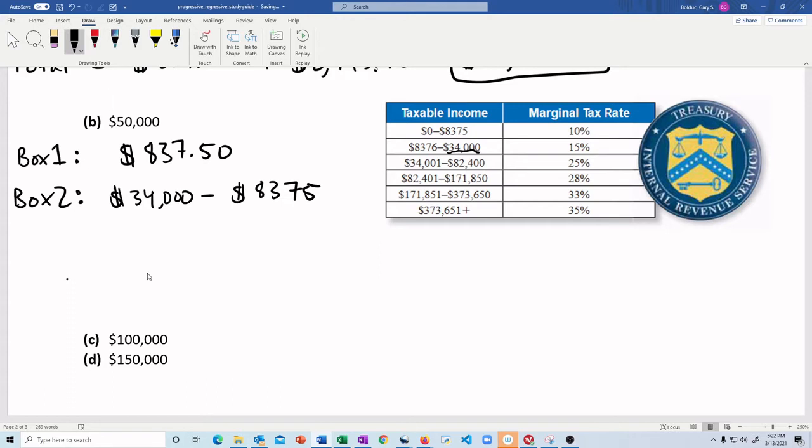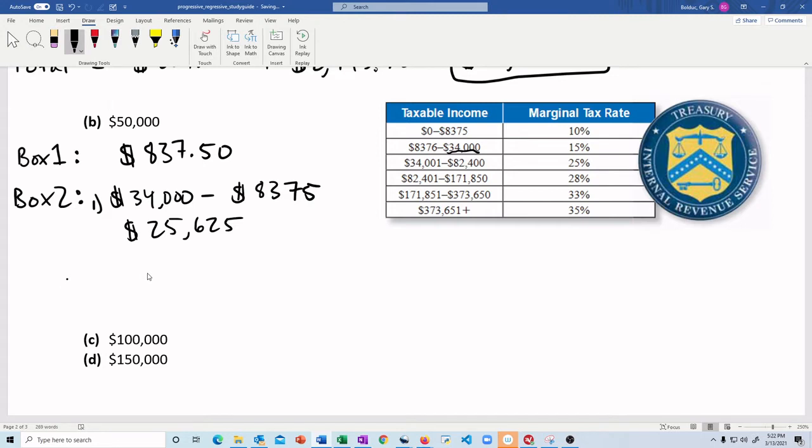So this is our little step 1 here we have to do. So we take our 34,000 minus 8,375. That gives me a total of $25,625 that I am going to be taxed on in this second bracket.